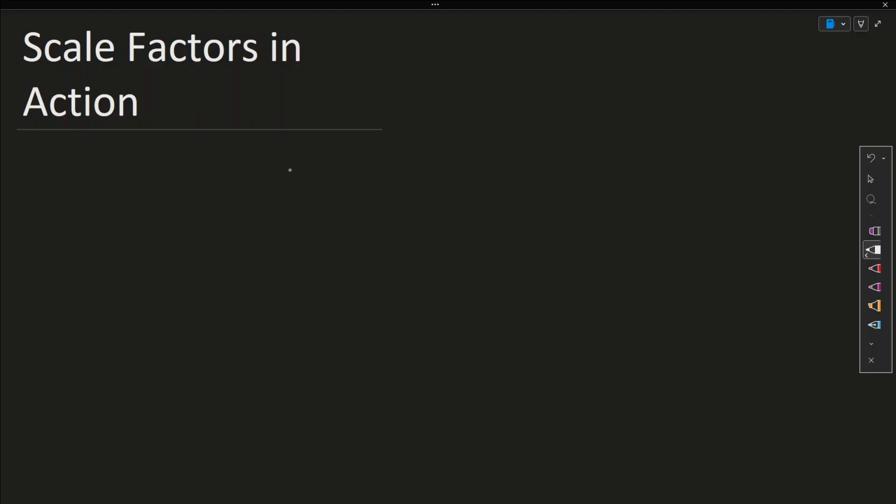That's a lot. But the important thing is this scale factor, the number k. This is how much we are increasing or decreasing the image.